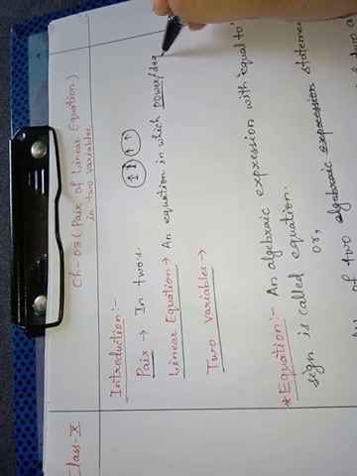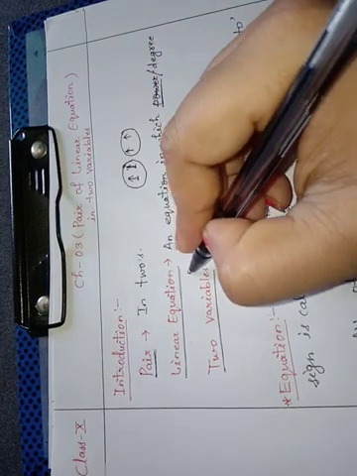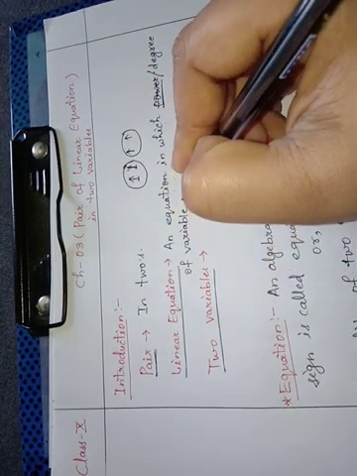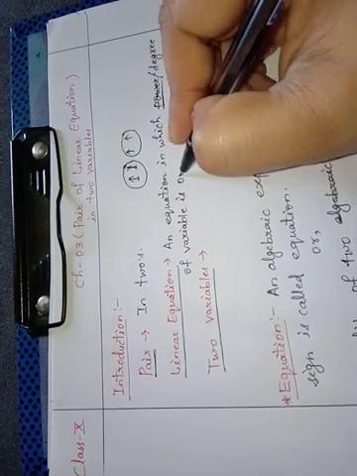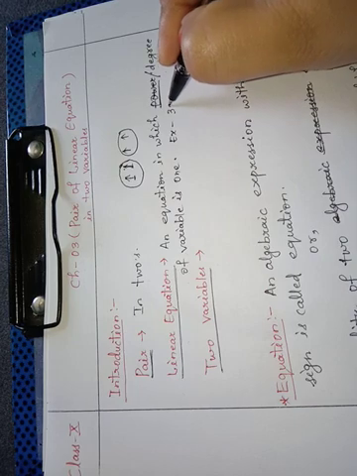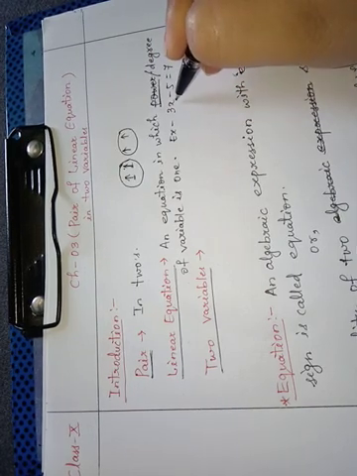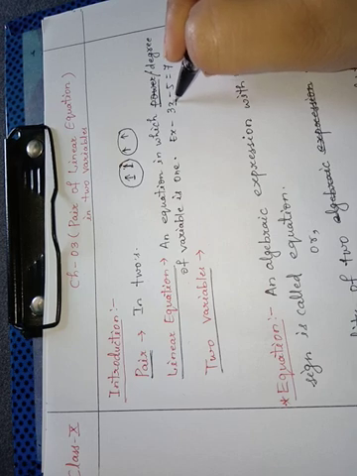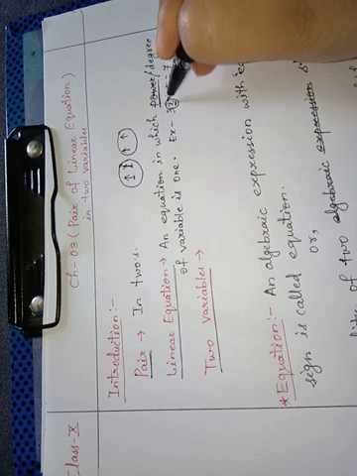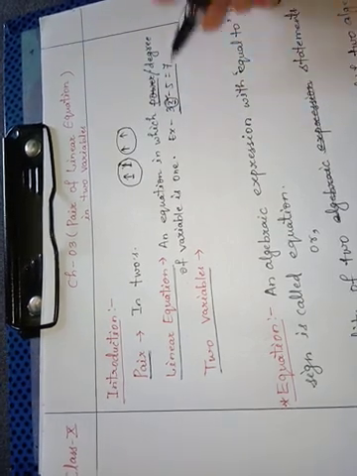So degree of variable is 1. For example, 3x minus 5 equal 7. If we check here degree power of this variable, we can find that here power is 1. That's why this is example of linear equation.